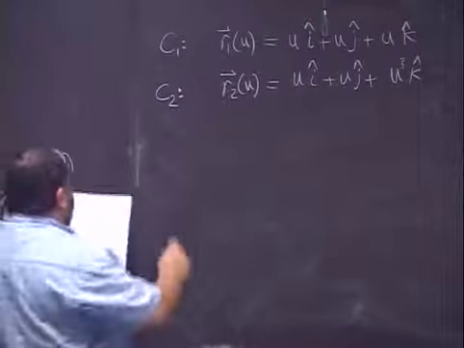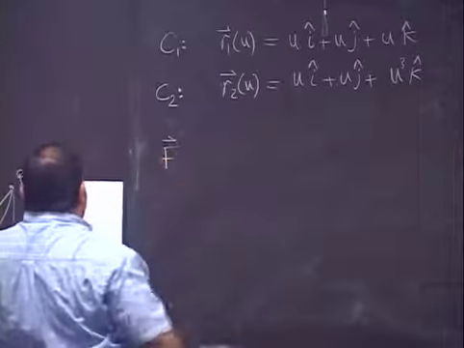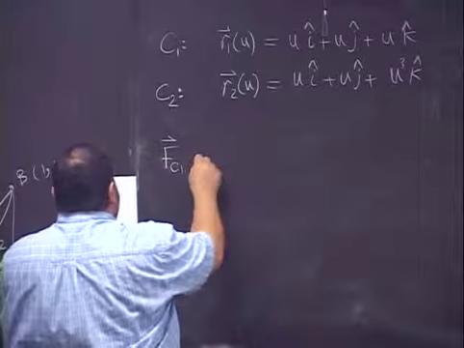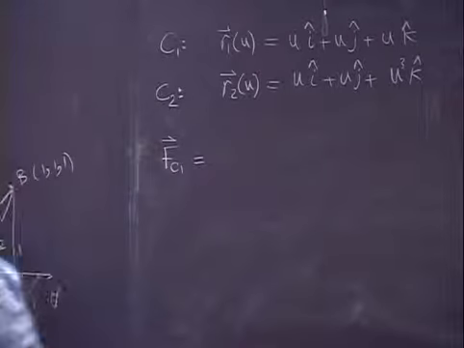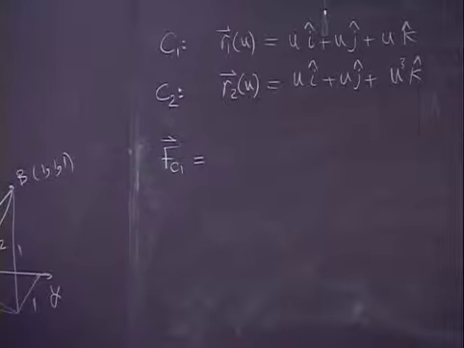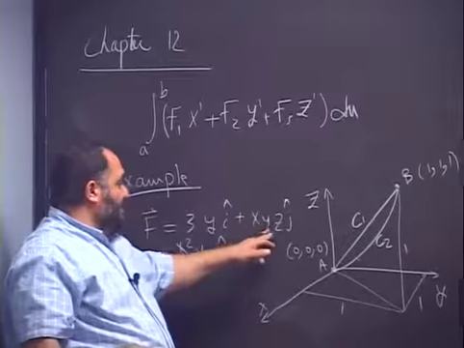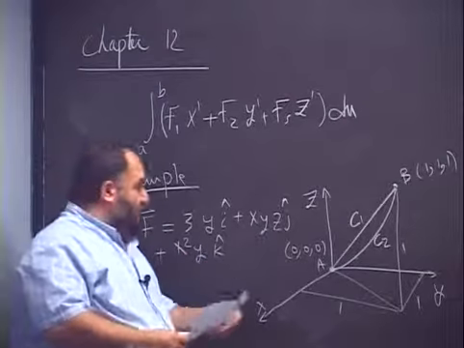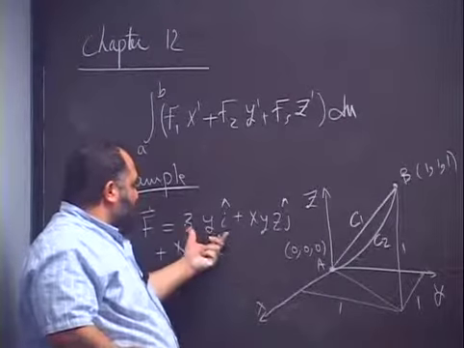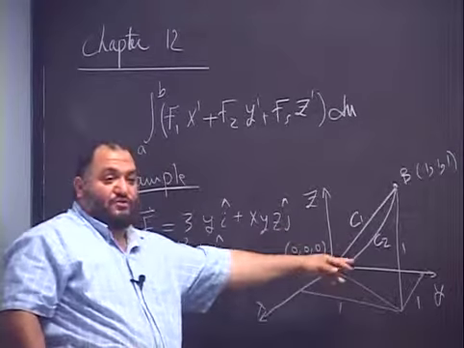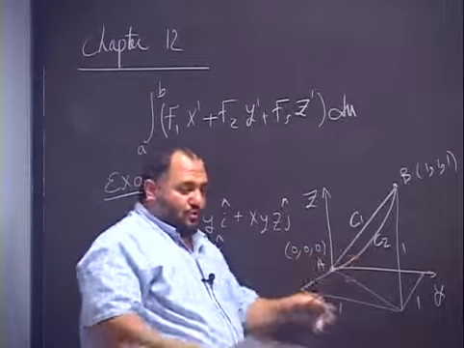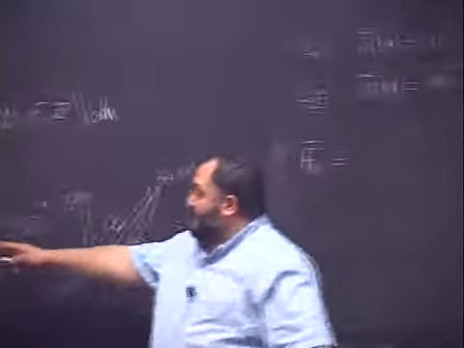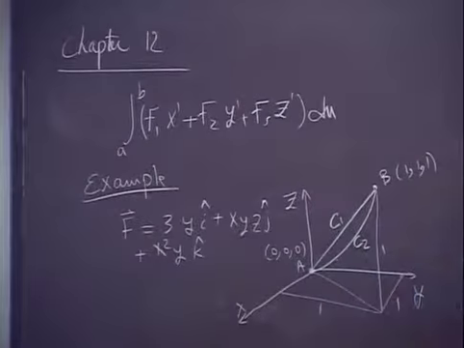So now let's look at the function f over the contour C1. The function f is just what? 3y in the i plus xyz in the j plus x square y in the k direction. So we want to know how this function will look along each of those two curves. For f1, 3y. Yes?